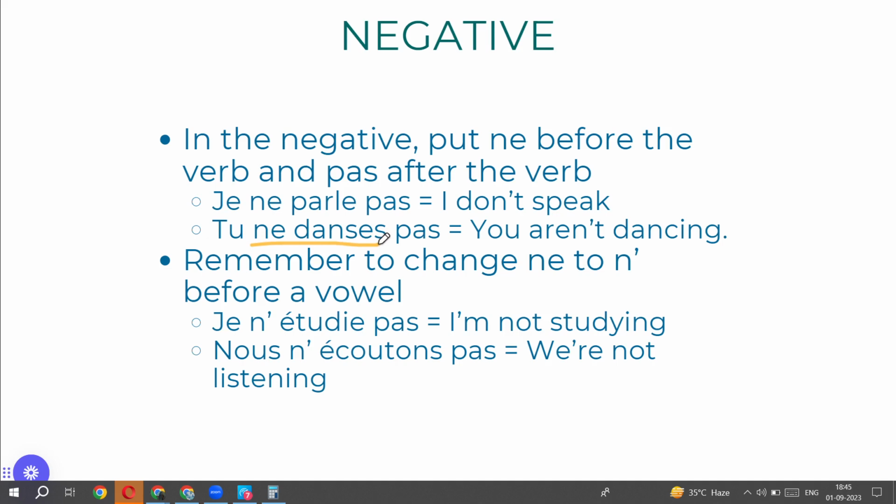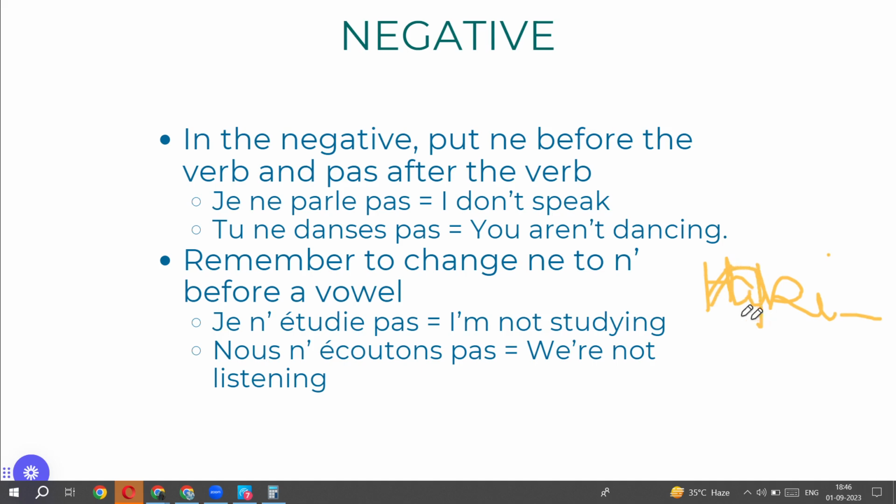The same with this. Remember to change ne to n apostrophe before a vowel. This also applies to any verb beginning with an H, because H is considered as a vowel when we speak. Habiter. What is habiter? Habiter means to live. So when we speak habiter, we don't use the H here.